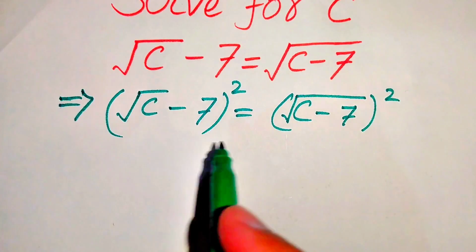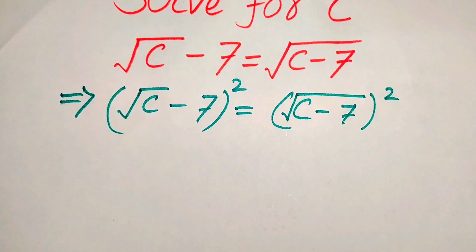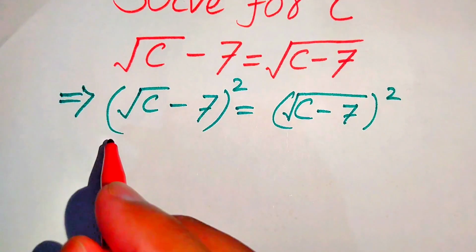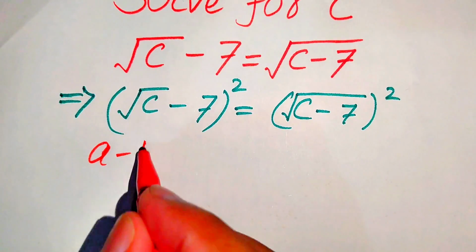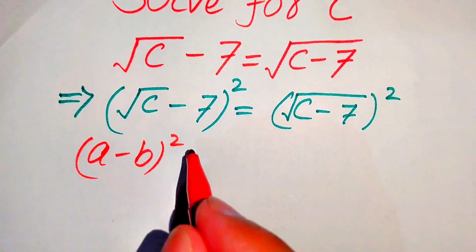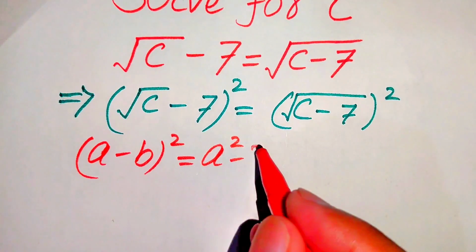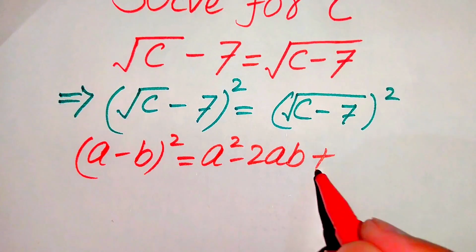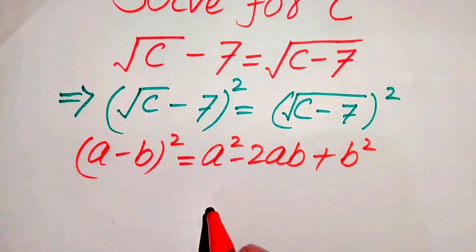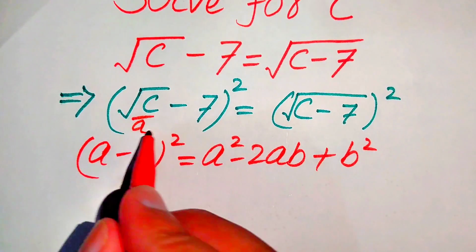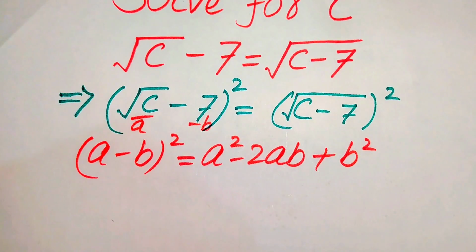So in the next step, we use the nice algebraic formula on the left hand side. You see, if we have a minus b whole squared, it is equal to a squared minus 2ab plus b squared. This is the value of a and this is the value of b.